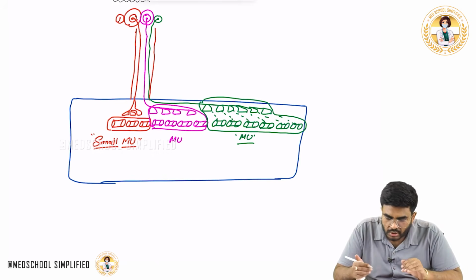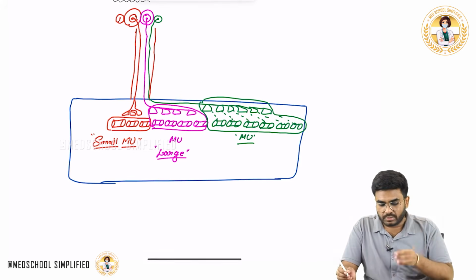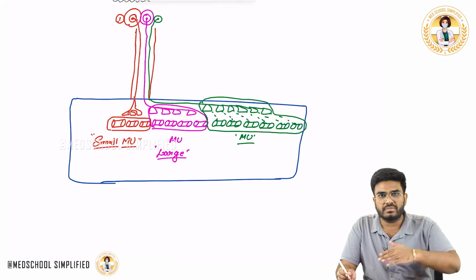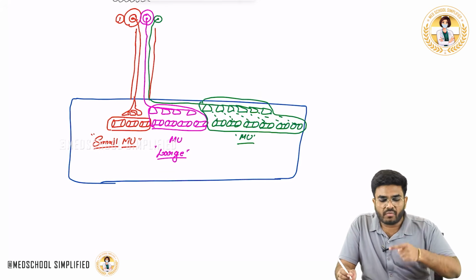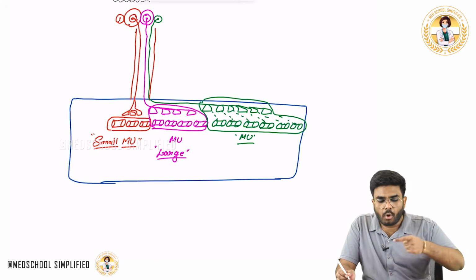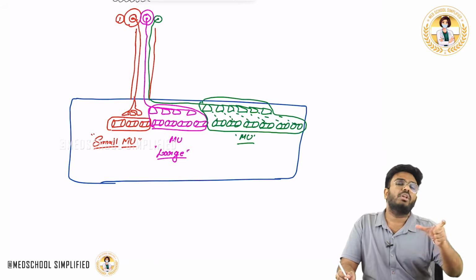So, this is called a large motor unit. I am just using these numbers like 3, 4, 5 for understanding purpose, but actually they are different. The more the number of muscle fibers innervated, the bigger the motor unit is.